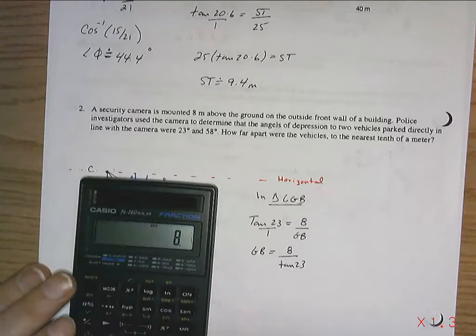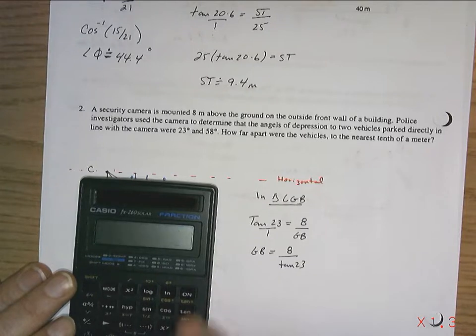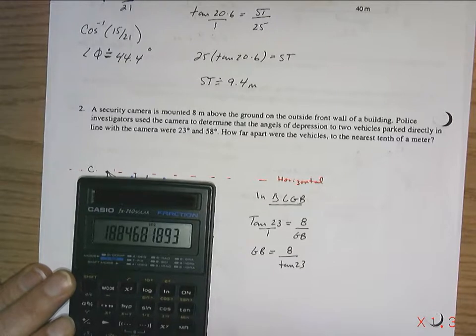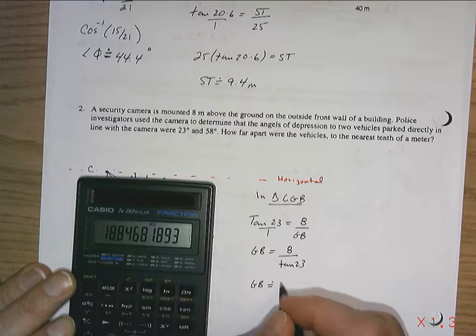8 divided by tan 23 equals, I get 18.8. So GB, oh, hold on, let's make sure I did that right. So 8 divided by tan 23 equals, yes. So GB is approximately equal to 18.8.